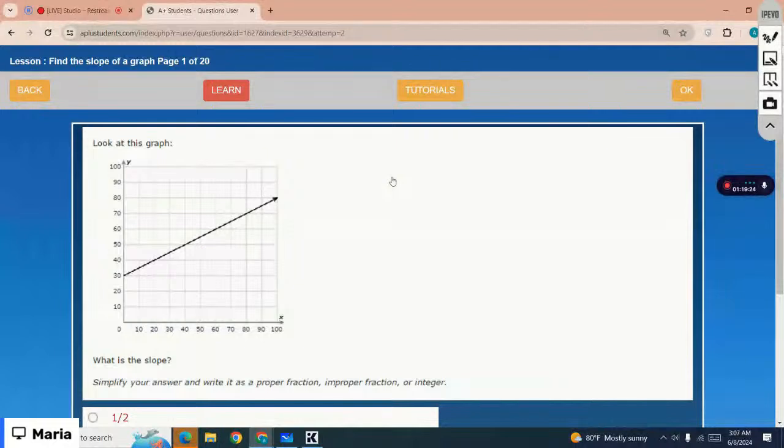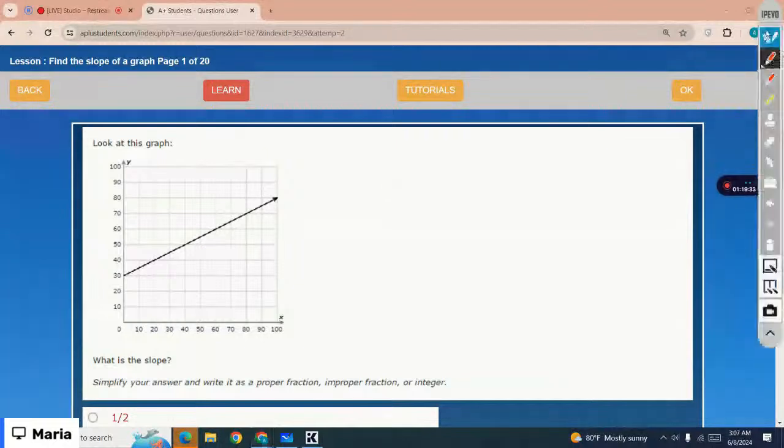Let's just find the points on the graph, right? This is the first point and this is the second point, right? So the first one is x is 0, y is 30, and the second one is x is 40, y is 50.